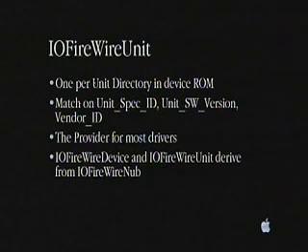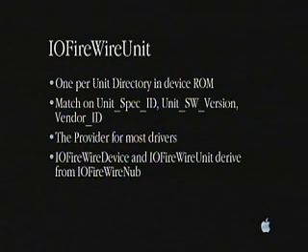FireWire unit, this is what's created by FireWire device. For each unit directory discovered in the config ROM, there's one FireWire unit. The unit will find and publish the unit spec ID, unit software version, and again, the vendor ID in the IO registry, so that this information can be used for continued driver matching.